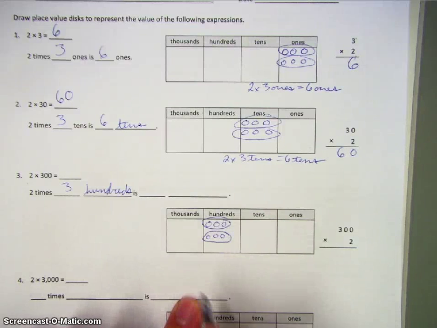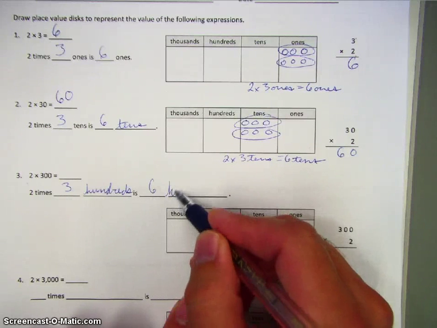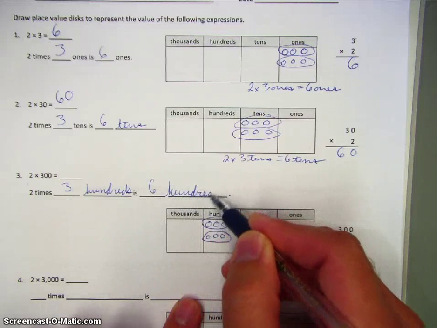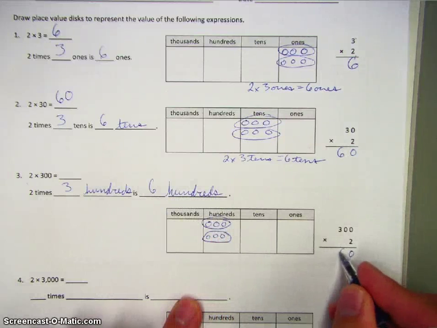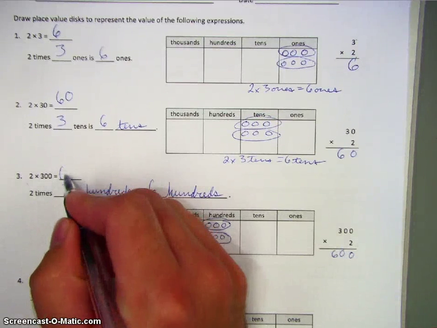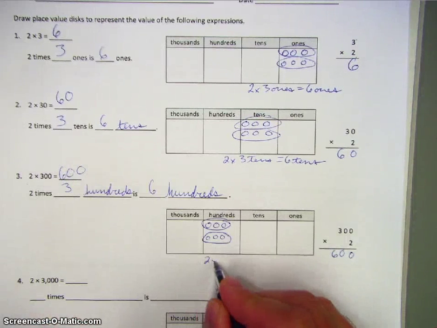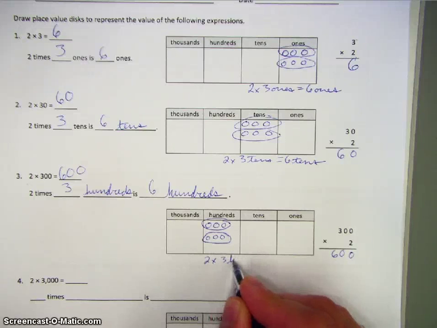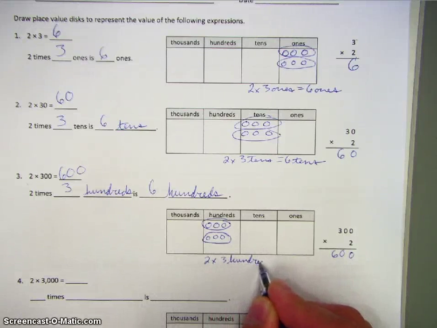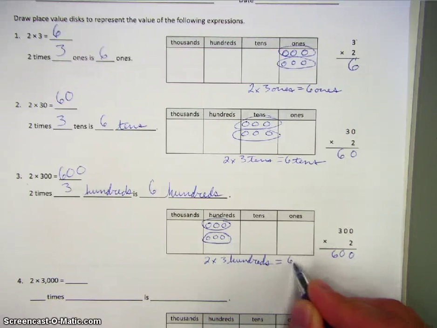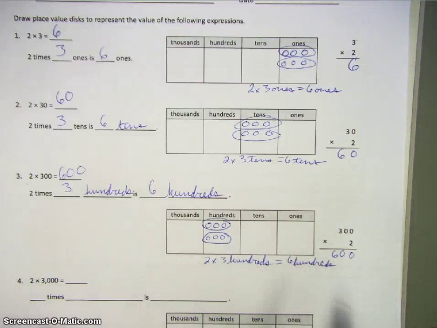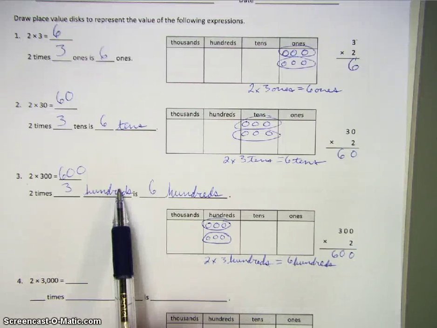Okay, we see that we have 6 hundreds. It becomes our answer. So 2 times 3 hundreds equals 6 hundreds.